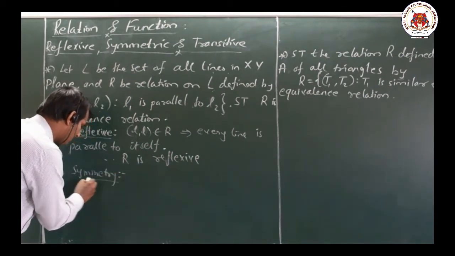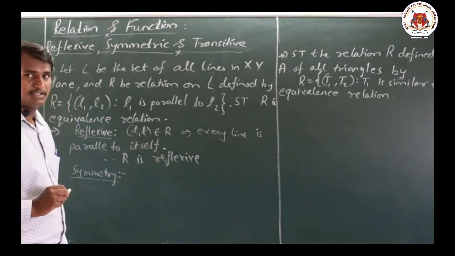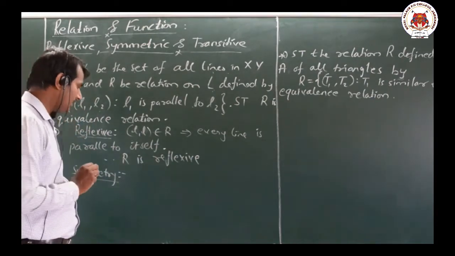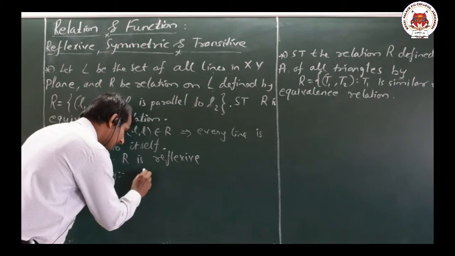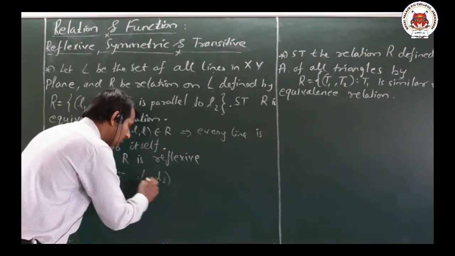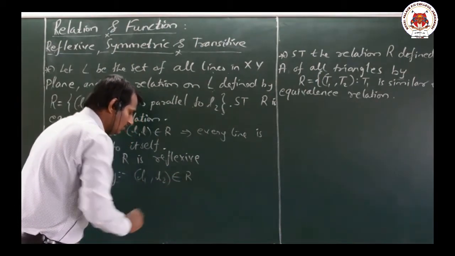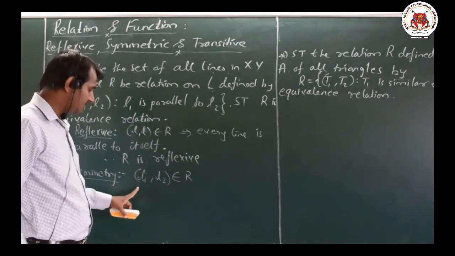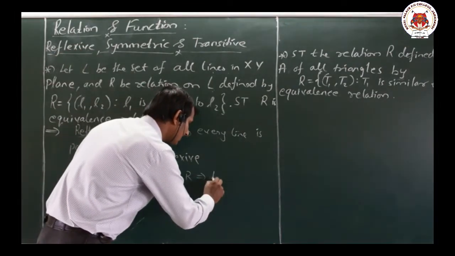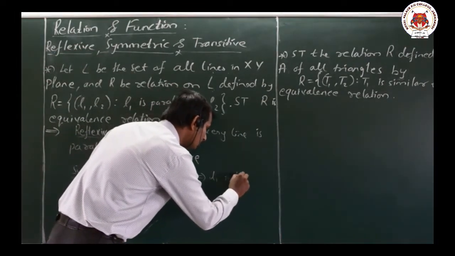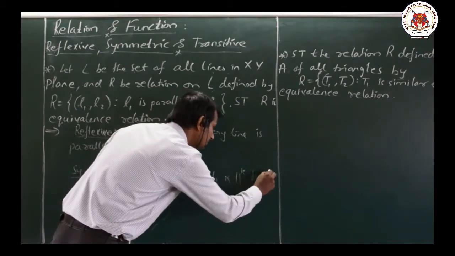Now what do you mean by symmetric here? Let us observe. Let (L1, L2) belongs to R. What does it mean, dear friends? It means that L1 is parallel to L2.